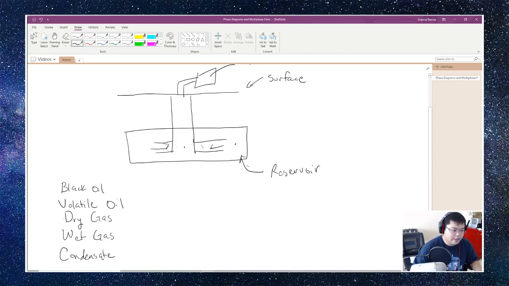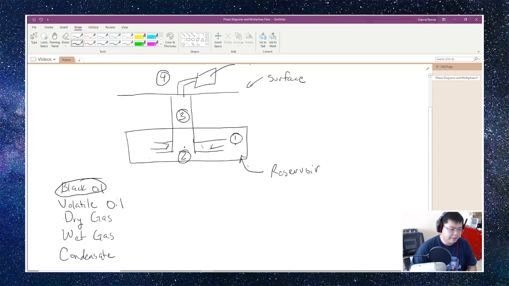So let's call this 1. Let's call this 2. Let's call this 3. And let's call this 4. Now, let's start with assuming we're dealing with a black oil reservoir. At phase 1, our black oil is going to number 2 in a drop of pressure.